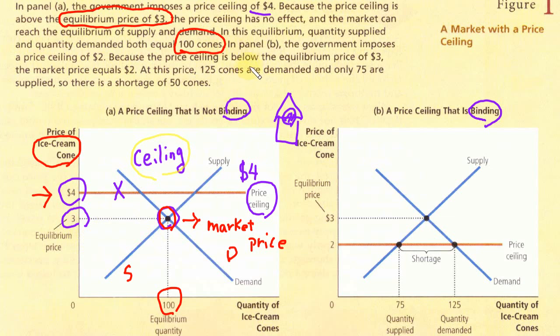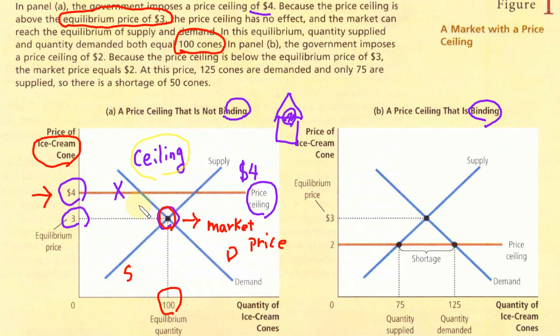Because the market price is naturally established at 3, which is lower than the selling price determined by the government, there is no binding, and there are no problems at all. The price ceiling is meaningless. I told you this several times.